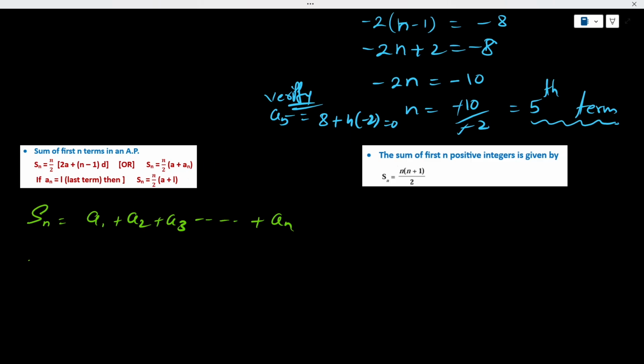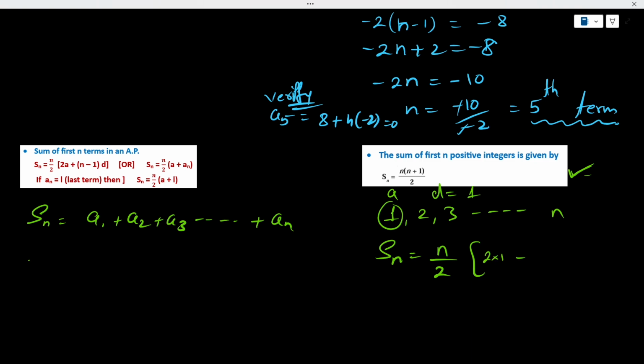Sometimes this question is asked in multiple choice questions: what is the sum of the first n positive integers? Now you know that positive integers are 1 to n, and if you put it in the Sn formula, it's n by 2. Now your a is 1 and your d is 2 minus 1, which is 1. So it will become 2 into 1 plus (n minus 1) times d, and d is also 1.